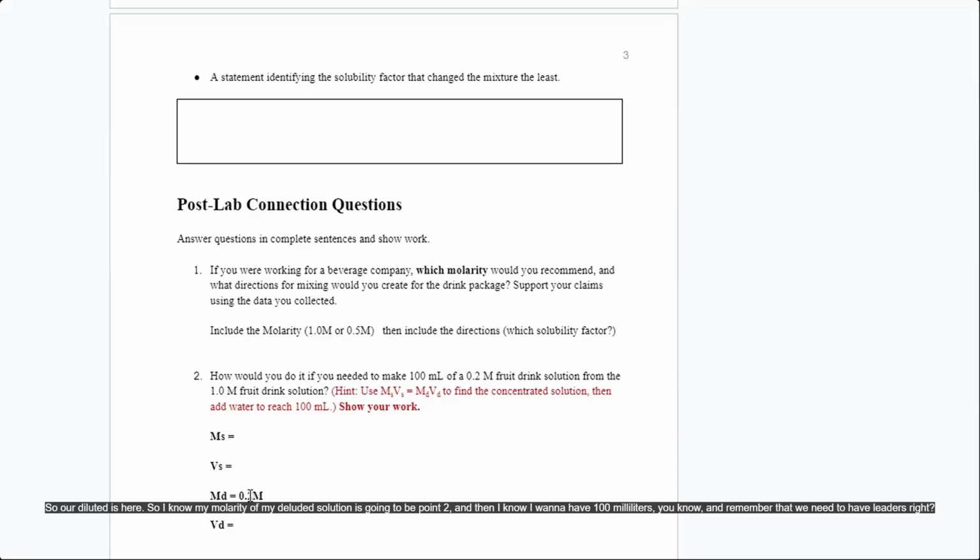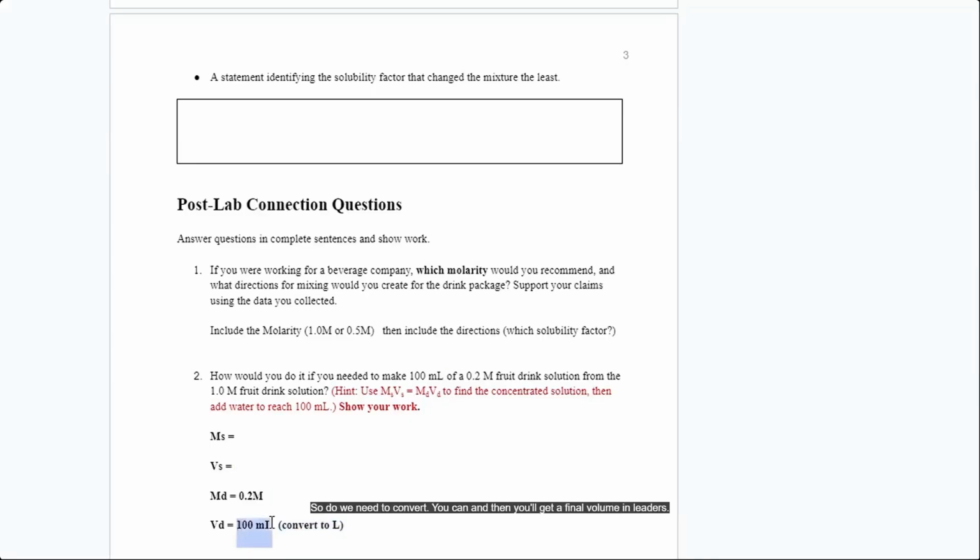And then I know I want to have 100 milliliters. And remember that we need to have liters, right? However, do we really have to convert to liters? Because whatever unit this is, that's going to give me the same unit. So do we need to convert? You can, and then you'll get a final volume in liters. However, for this one, we can leave it in milliliters.